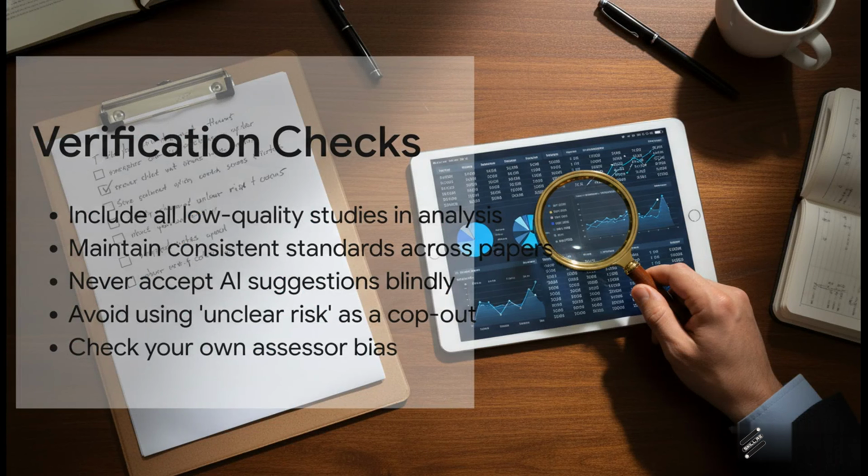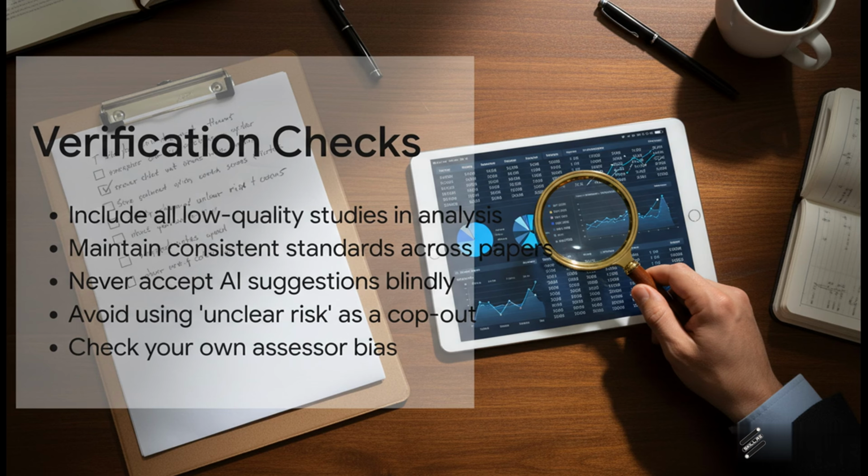Before we even think about synthesizing our findings, we run through this verification checklist. First, include all studies. Yes, even the low-quality ones matter. We don't just throw them away, we analyze their impact. Second, maintain consistent standards across every single paper. Third, as we've hammered home today, never accept AI suggestions blindly.